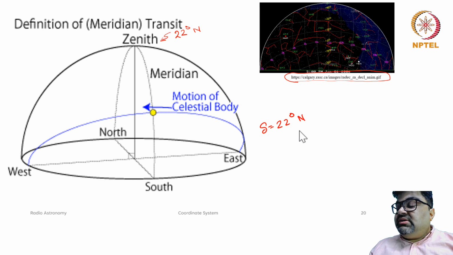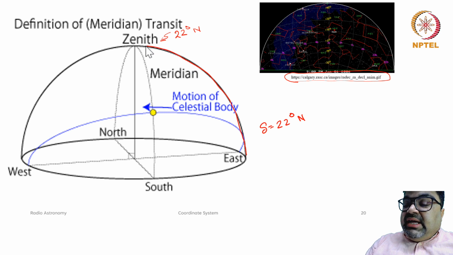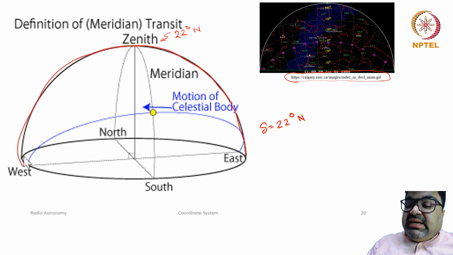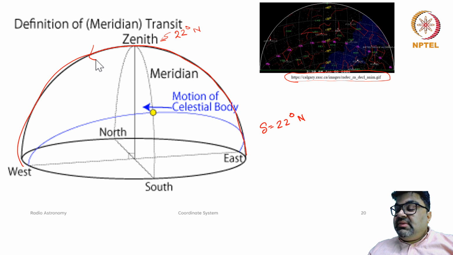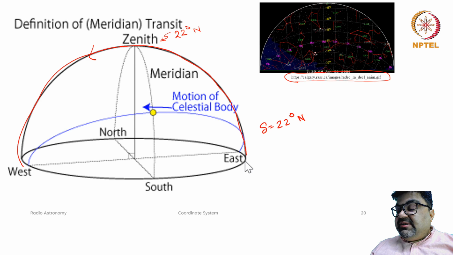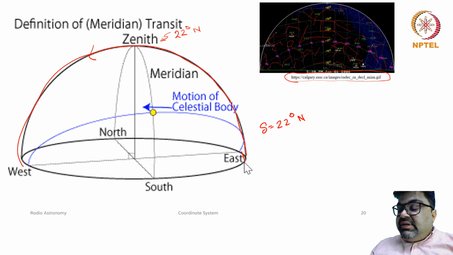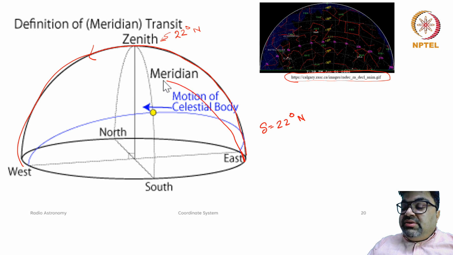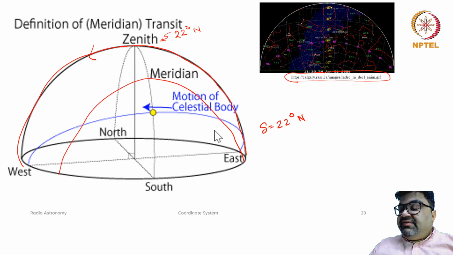That source will exactly rise from the east, go to the west and pass through the zenith. However, there are other sources which can rise a little bit south, like this blue line, and also cut the zenith and meet somewhere here and further.